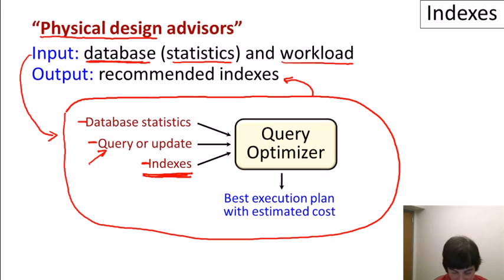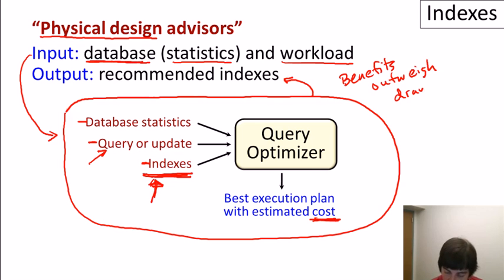It doesn't actually run them against the database, and sees what cost the query optimizer produces. It tries this with different configurations of indexes, and then in the end determines those indexes that bring down the cost the most. In other words, it will give you back those indexes where the benefits of having the index outweigh the drawbacks of having that index in terms of the workload and using the costs that were estimated by the query optimizer.